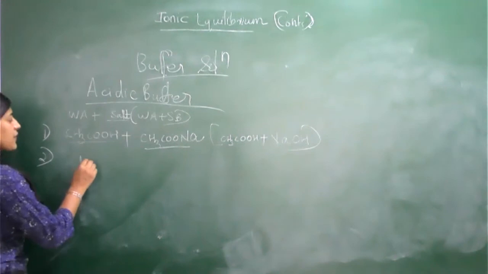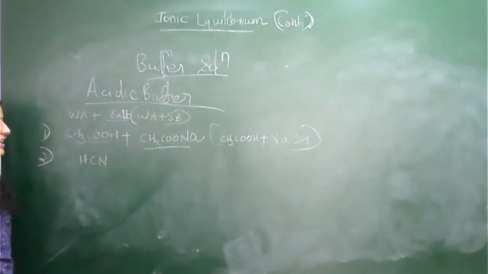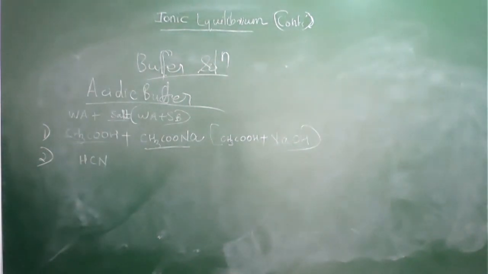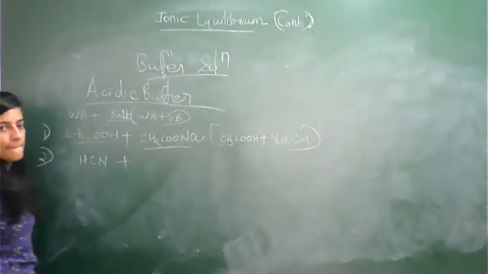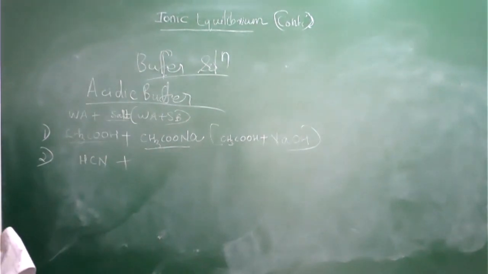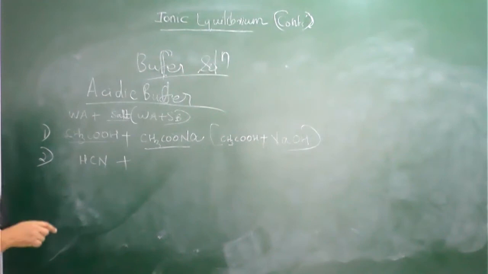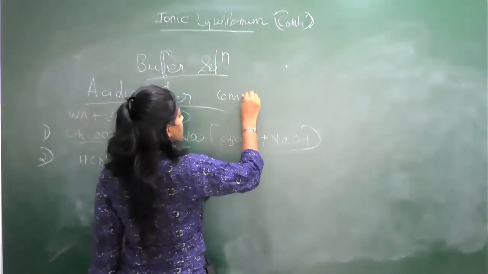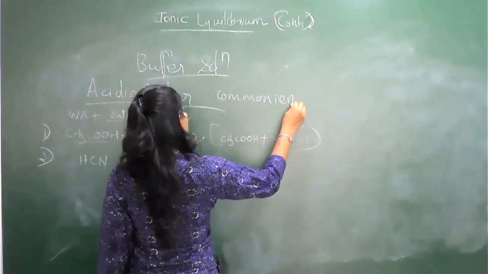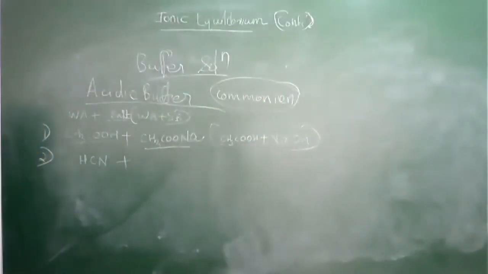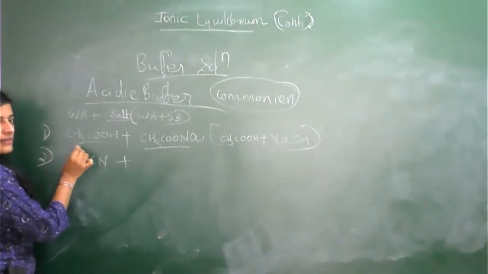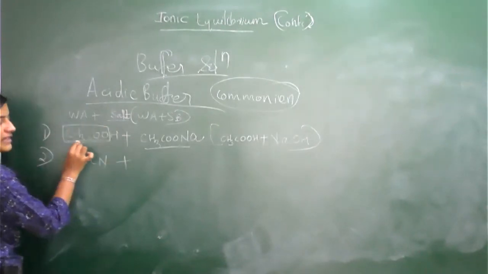Can you predict? I will give you HCN, hydrogen cyanide. Can you predict the corresponding salt? One more clue: while preparing a buffer combination, it should contain a common ion. In the first example, the acetate ion is common. Here also there is a common ion.